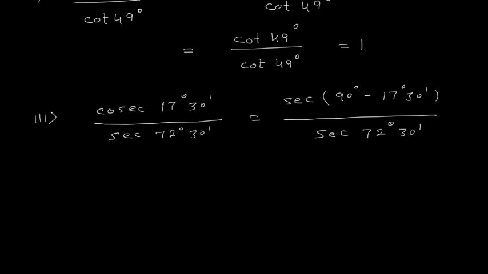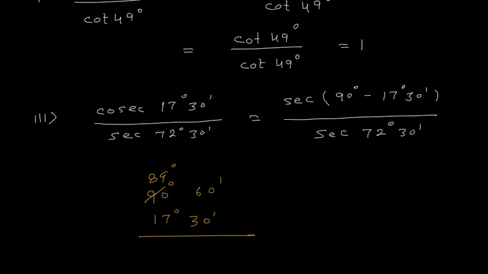Now let us see here calculation how I will subtract. You have 90 degree, and from 90 degree you have to subtract 17 degree 30 minute. So first you carry 1 degree and convert that in 60 minutes. So here you have 89 degree.